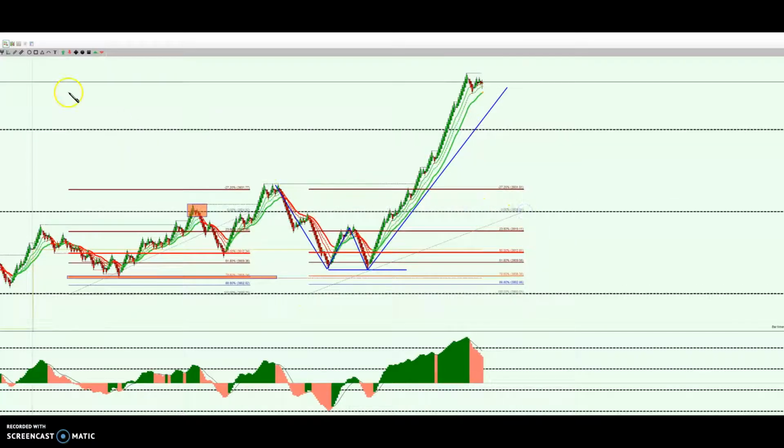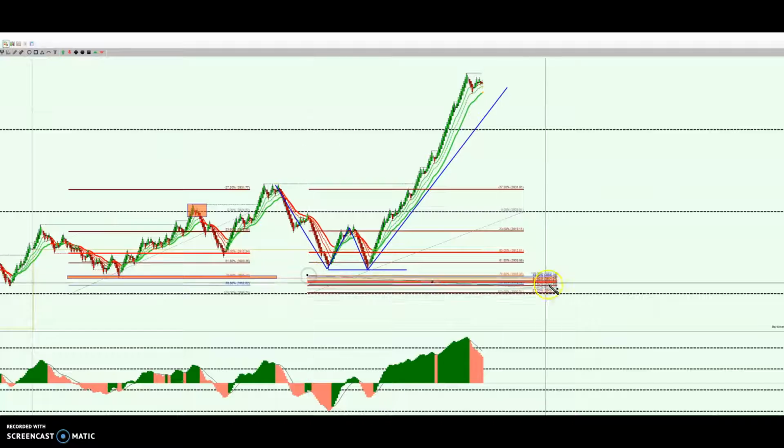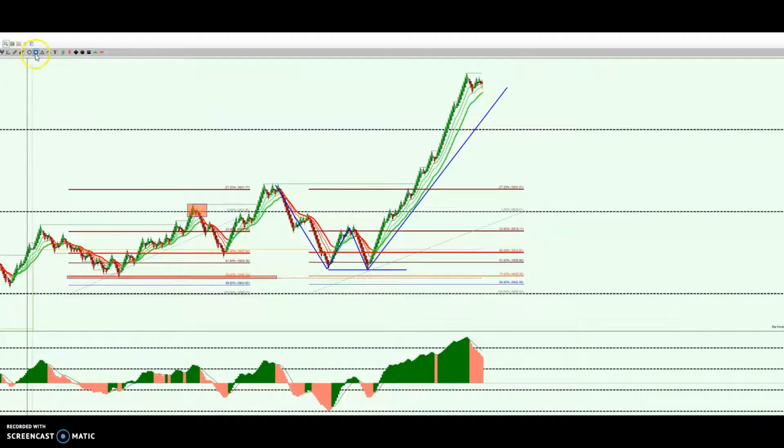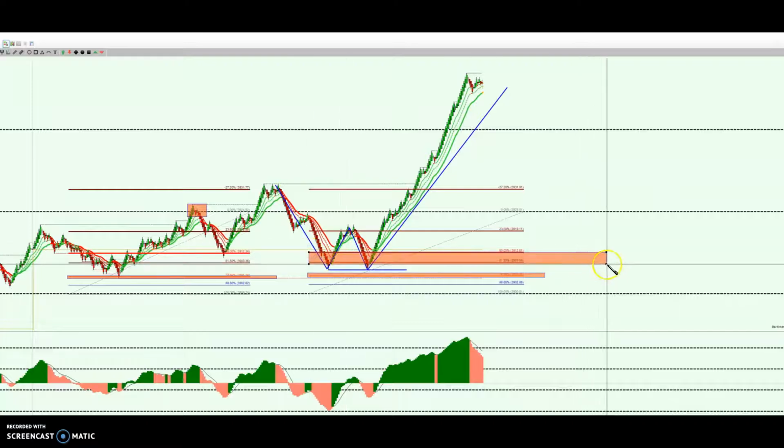Now I'm looking for, where's my 78, which is here. And notice how it came very close to the previous 78, by the way. Okay, there's my 78, right? If she doesn't come to my 78, my next zone respect is my golden ratio zone.